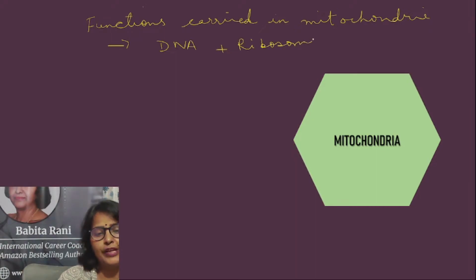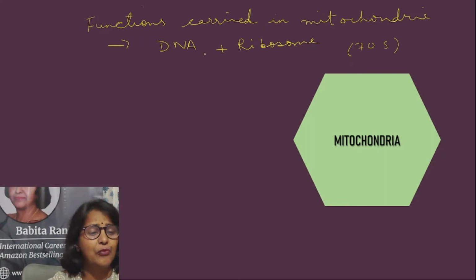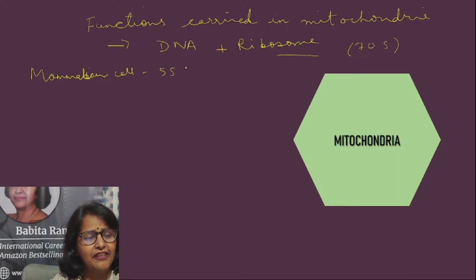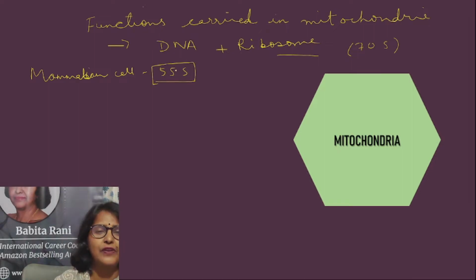The ribosome present in mitochondria is of 70S type, and all the eukaryotes have 70S type of ribosome. Here we have one exception in the ribosome of mitochondria, which is in the mammalian cell, and there we have 55S type of ribosome. So this we have to remember.